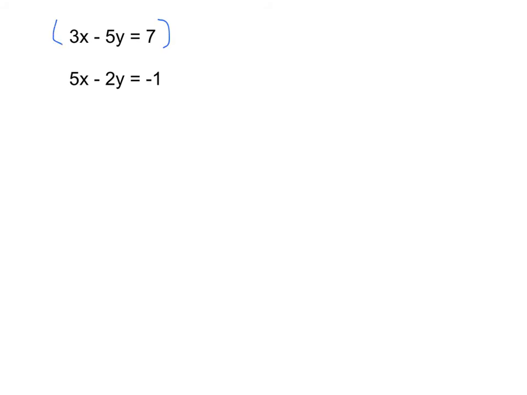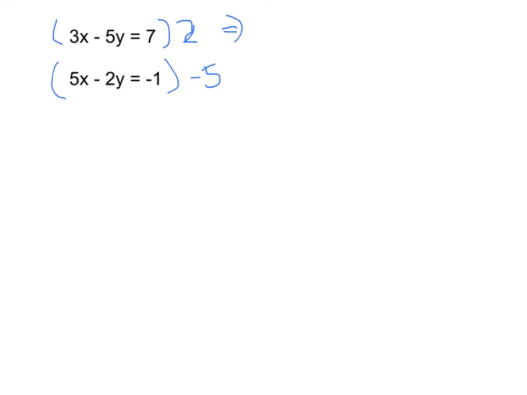Since there are negative 5 y's in the top equation, and there are 2 y's in the bottom equation, if we multiply the top equation by 2 and the bottom equation by negative 5, we will accomplish getting the same number of y's with an opposite sign in the two transformed equations.